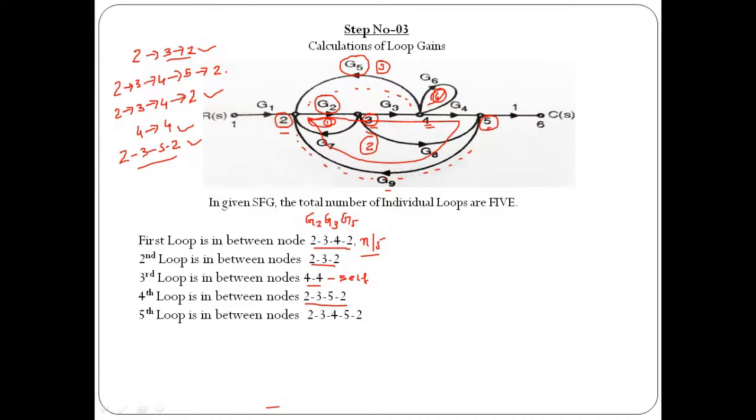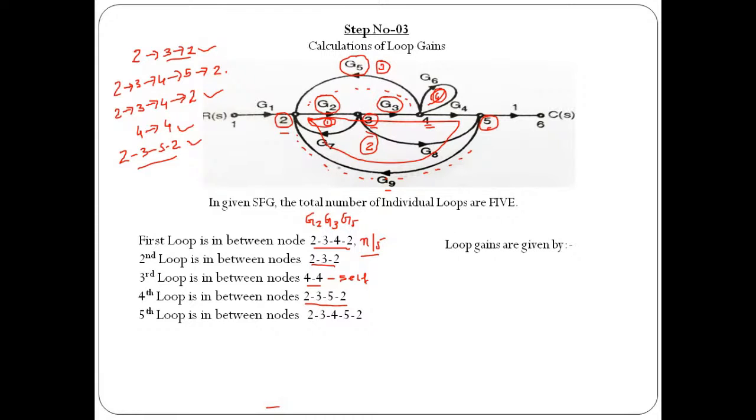Then from 3 to 4, a branch of gain G3, and then 4 to 2, a branch of gain G5. That's why we need to multiply these three branch gains, G2, G3 and G5. In the same way, if you take 2, 3, 2, what will be the gain for this particular loop? 2, 3 and then coming back to 2, it will be G2 multiplied by G7.